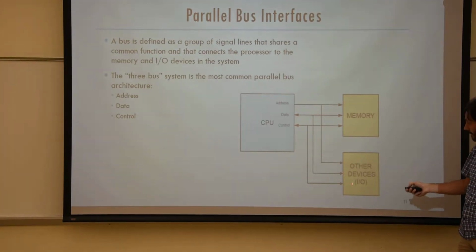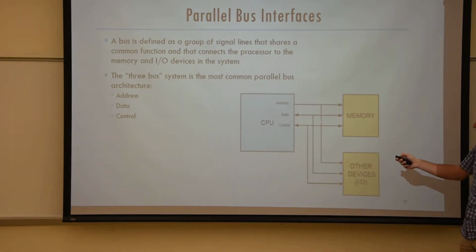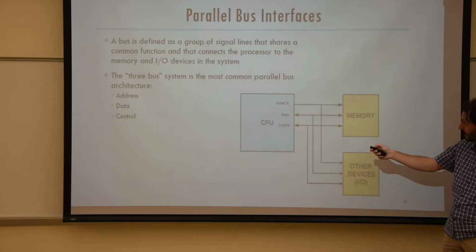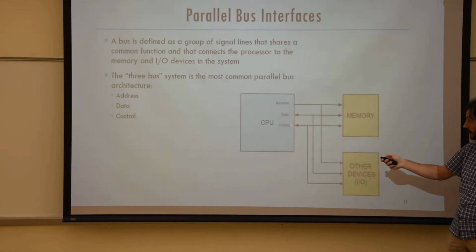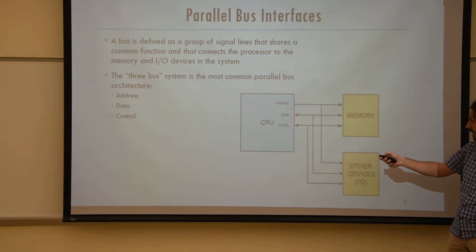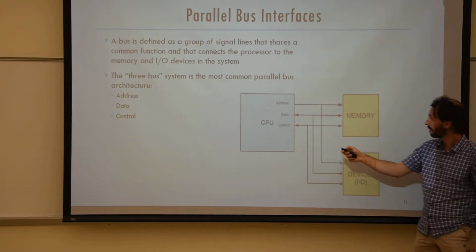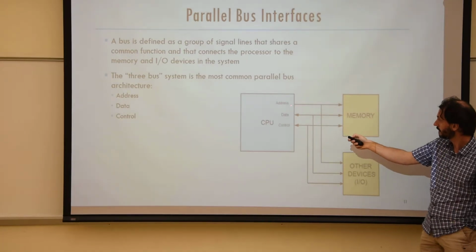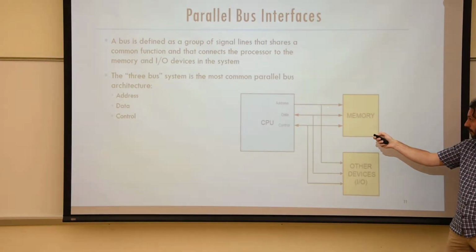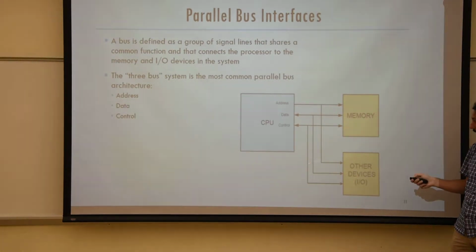So we have other devices, and we will have a few pins that we're going to use for this. One set of pins is used to communicate data, one set of pins is to communicate addresses, and one set of pins is sort of an enabler, right? So which of these devices do I actually want to communicate with? I need to recognize which one I'm interested in.